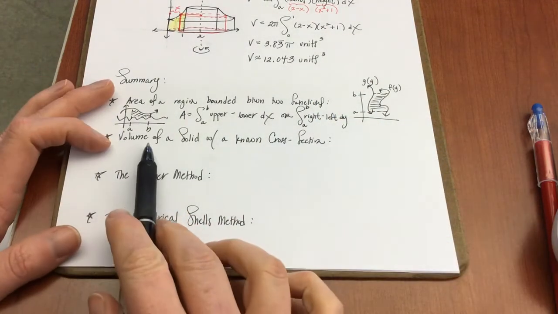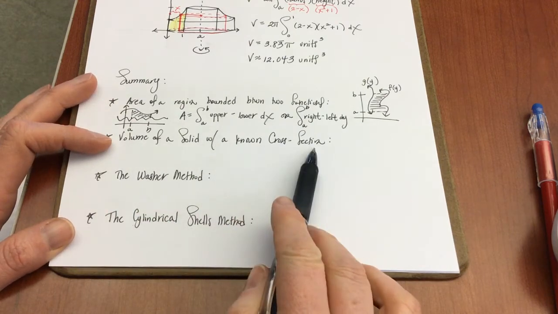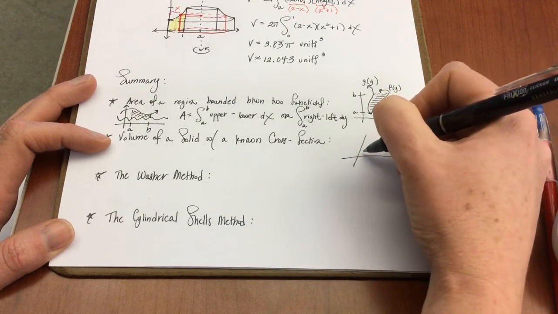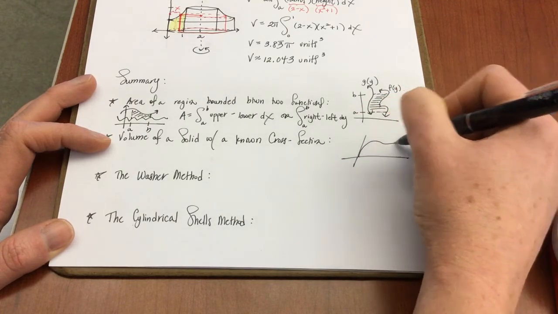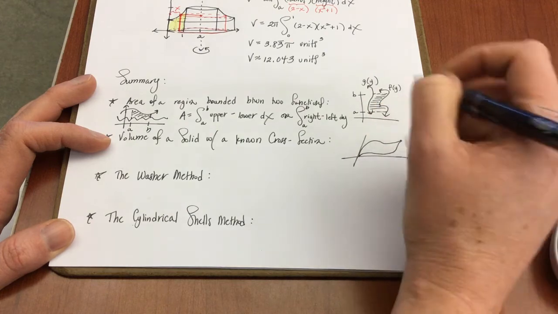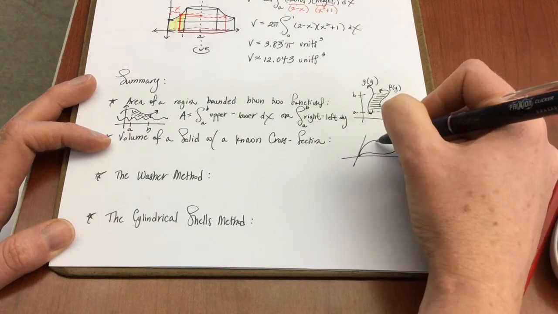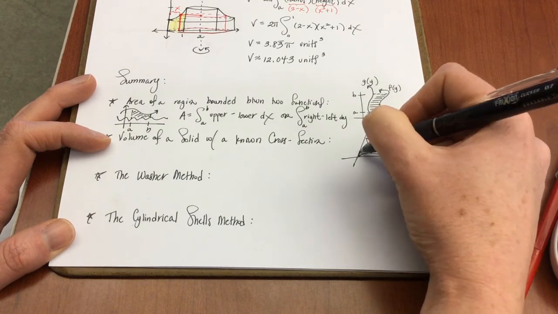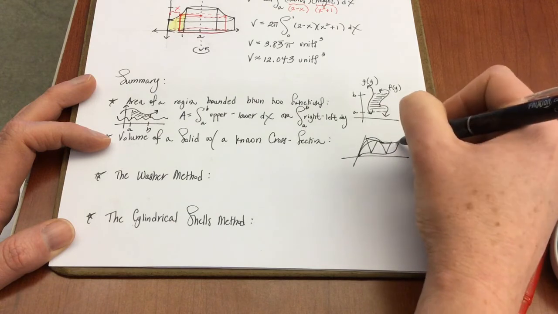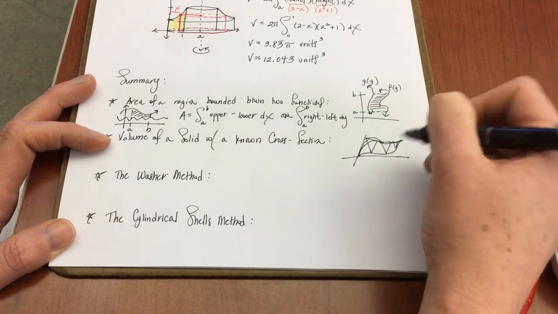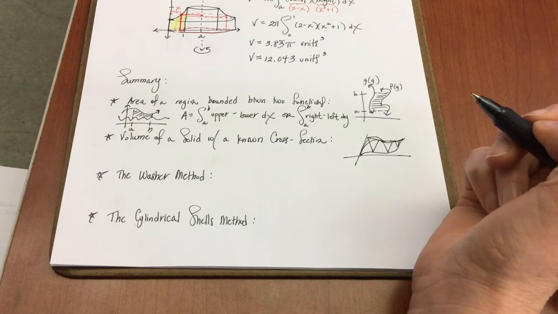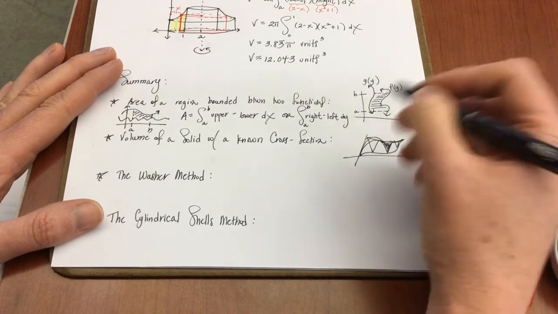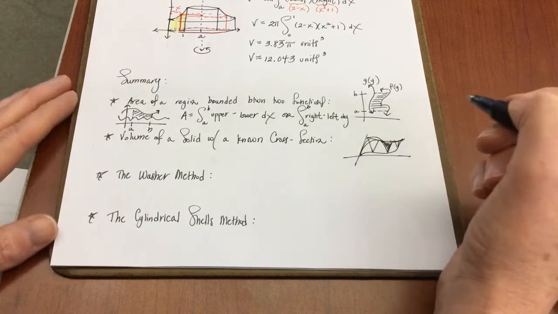Okay. So volume of a solid with a known cross-section. That was where you have a region as a base and some known cross-section coming up, like maybe equilateral triangles, or something like that. The trick there is just to figure out the area of the cross-section and then pop that into an appropriate integral.